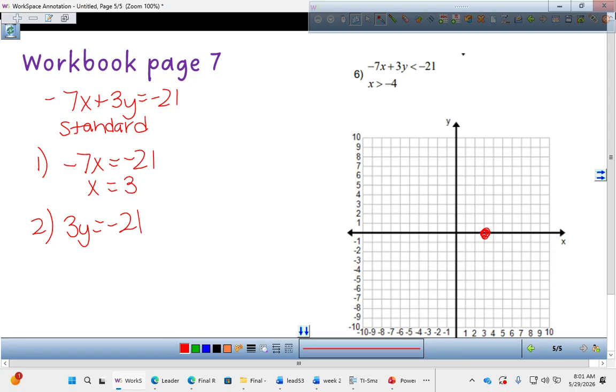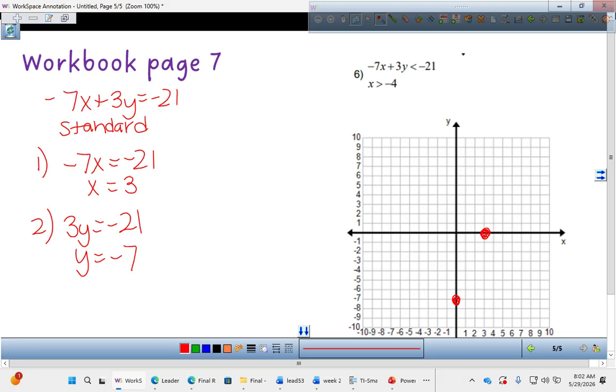When I divide both sides by 3, I get y equals negative 7. And y is the up and down axis, so I'll make a point at negative 7. It's not just looking at the equation and seeing what's with x and plotting that at x. You have to solve for x and y.